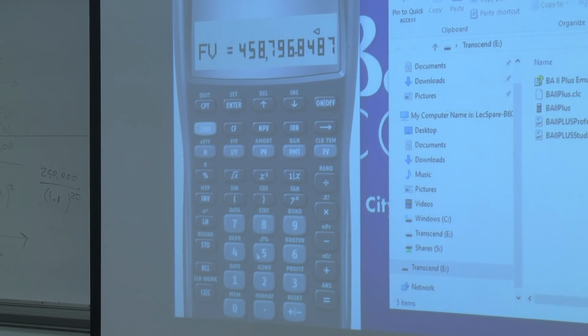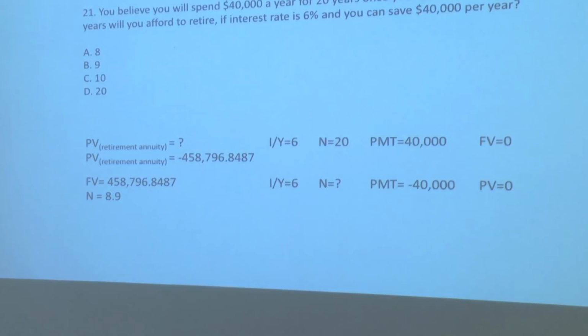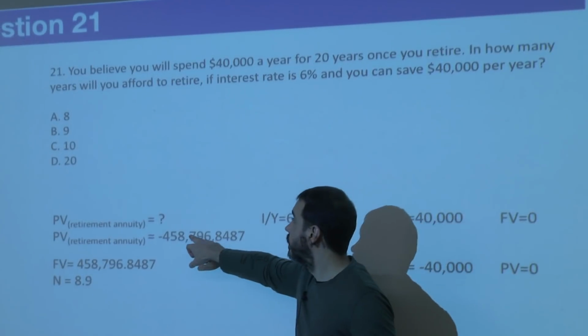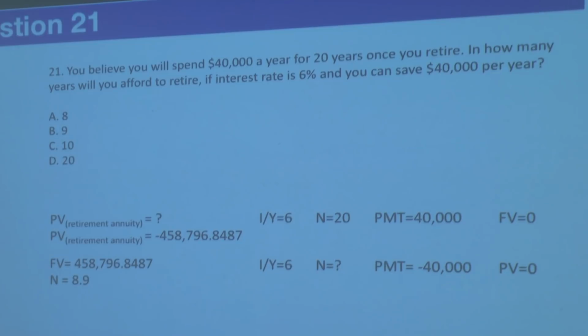And everything else is the same. 6 is still the interest rate, $40,000 is the payment, and 0 is the present value, and you want to solve for n. It will take you 8.98 years if you can save $40,000 per year to generate this amount. So you will be able to retire in 9 years.